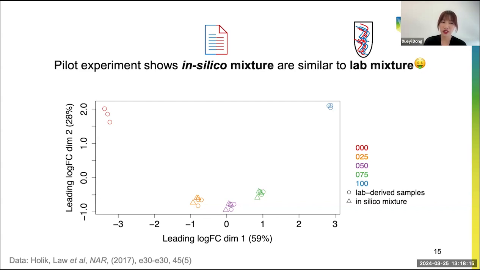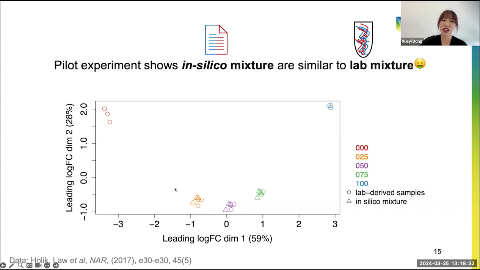After that, we used the same methods to quantify them, did the preprocessing, and made an MDS plot.